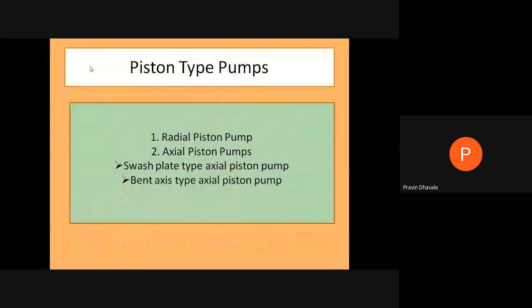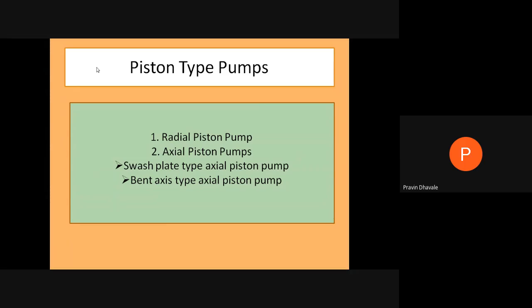Okay. The next type of hydraulic pump is the piston type pump. In piston type pumps, we have to study mainly two types: the radial piston pump and the axial piston pump. In a radial piston pump, as in a radial engine, the piston and cylinder arrangement is provided radially.